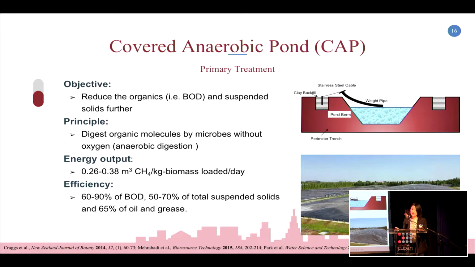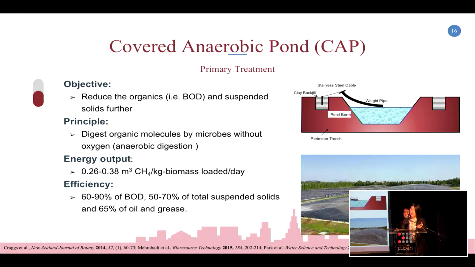And the next one is the primary treatment process. We will use a covered anaerobic plant. We call it CAP. And the objective is to remove most of the organics and inorganics in the wastewater. The principle is to use microalgae to digest the pollutants under the anaerobic digestion process.